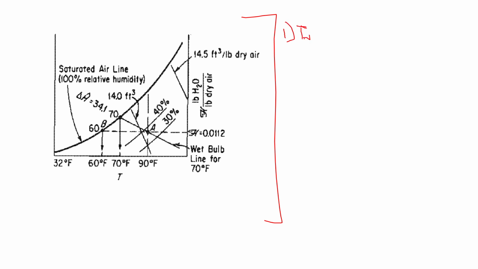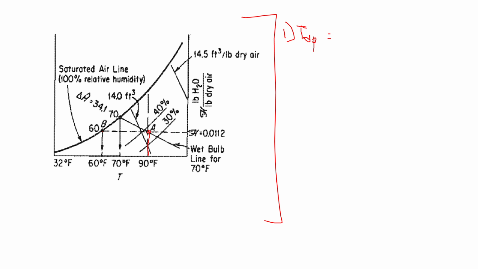So first, T_DP, the dew point temperature. The dew point is the temperature where the moisture begins to condense. We will find this point when we draw a vertical line from 90 degrees Fahrenheit, and extend the line up to 70 degrees Fahrenheit.